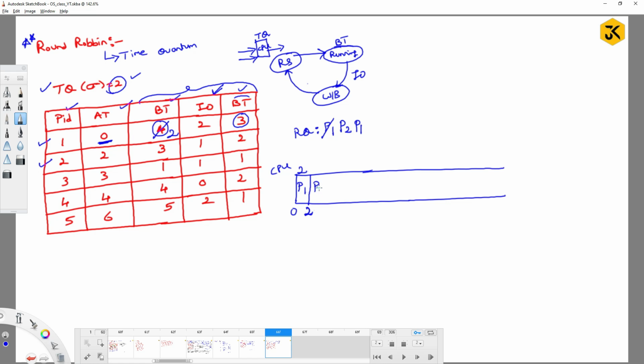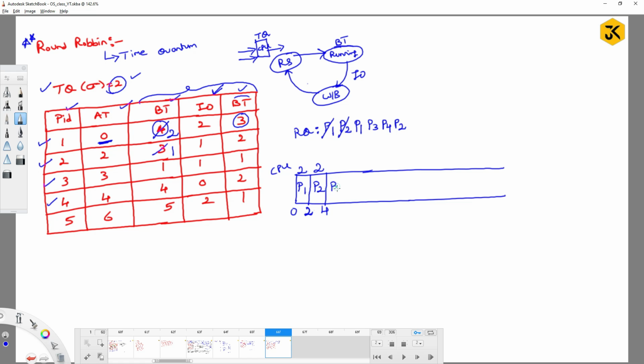Next, we give a chance to P2, which works for 2 units of time. It is left with 1 unit and is done by 4 units of time. As it completes 4 units of time, P3 and P4 are also in the ready queue, and since P2 completed its slice, it is added to the ready queue once again.